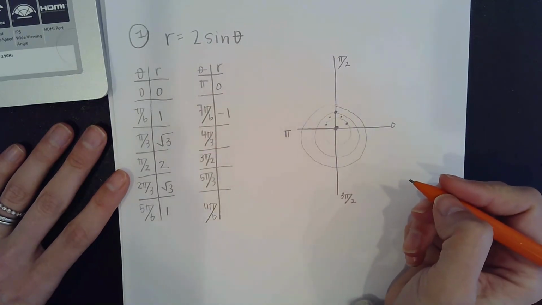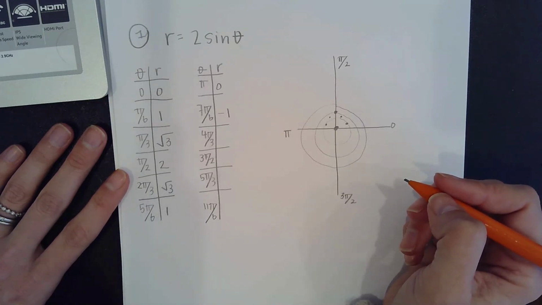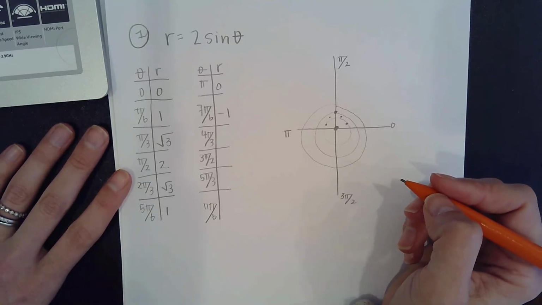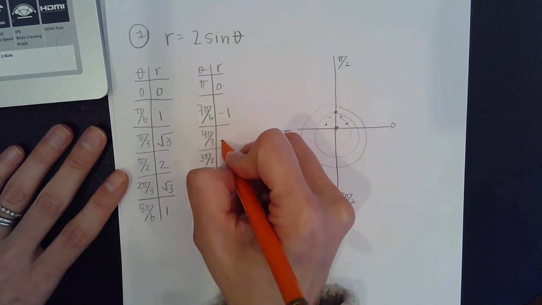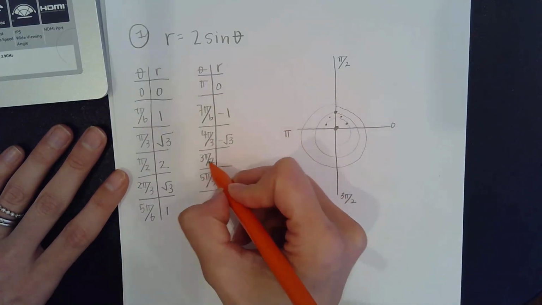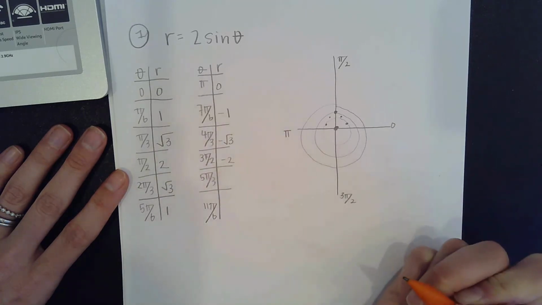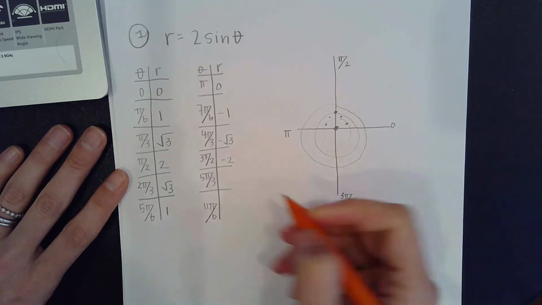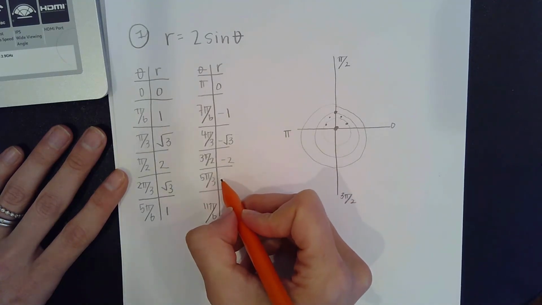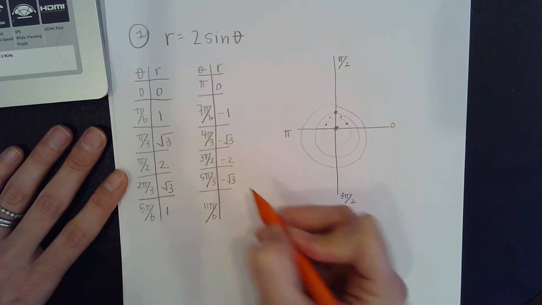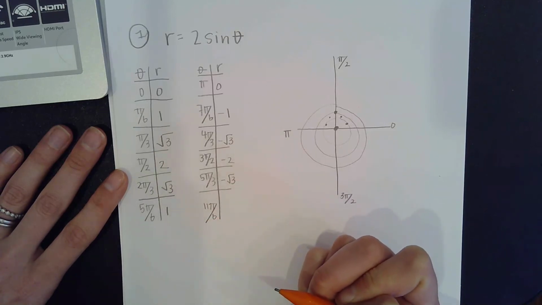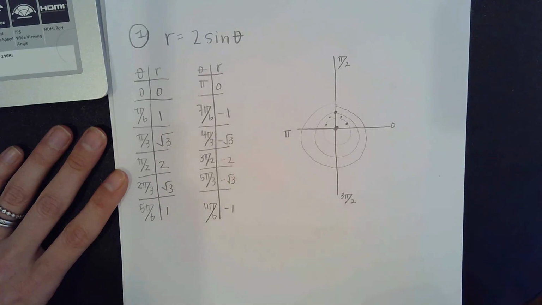So remember what that means is that I'm going to graph a radius of 1. At 4 pi over 3, I'm going to be at negative square root of 3. At 3 pi over 2, I'm going to be at -2. And at 5 pi over 3, I'm going to be at negative square root of 3, and at 11 pi over 6, -1.